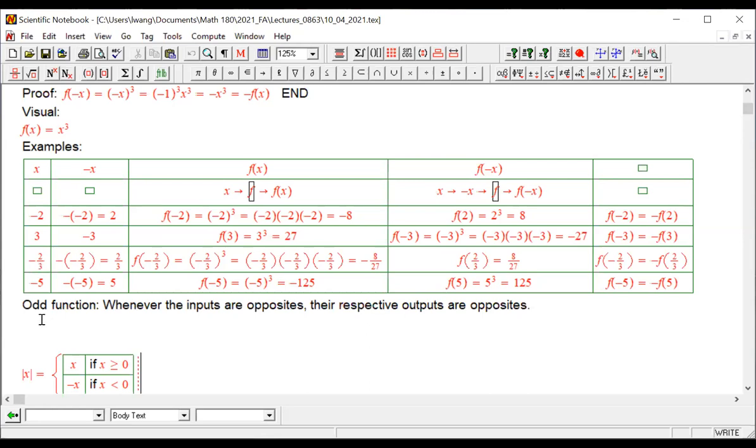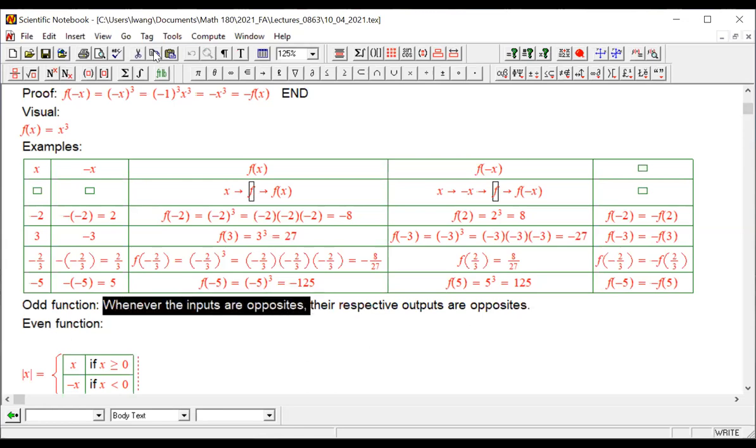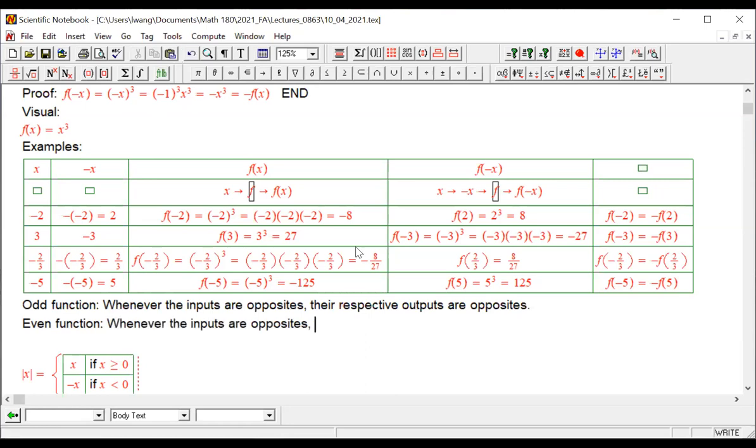Okay, so for even function, what do you say? Whenever the inputs are opposite, their respective outputs are the same.